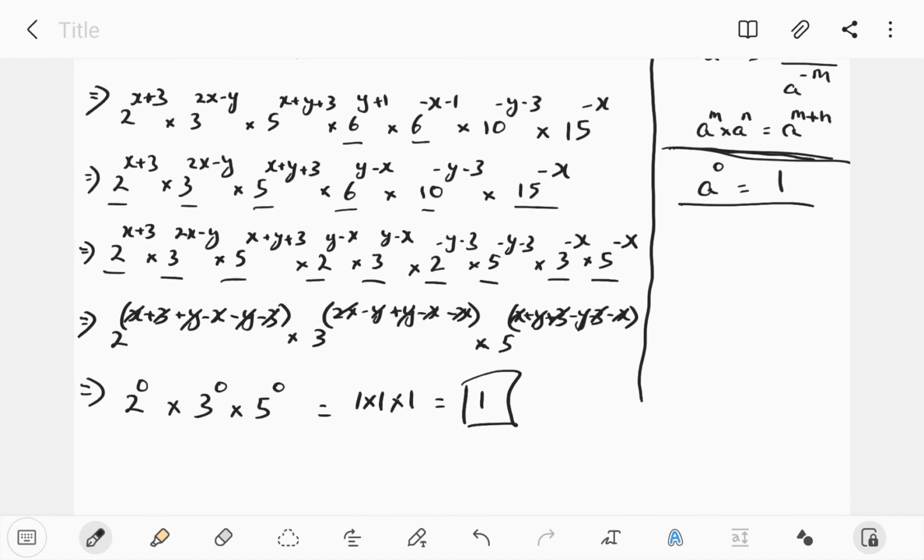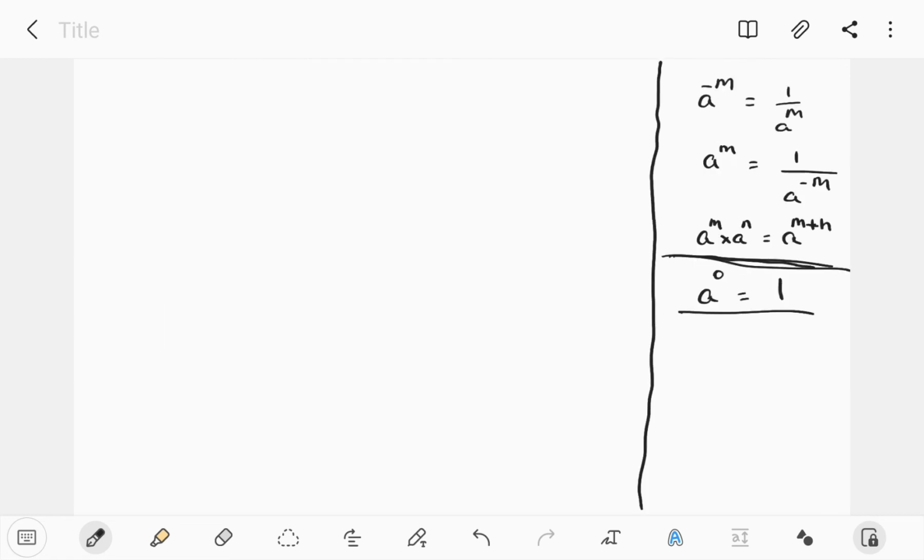Okay, right. Now let's proceed to the next sum. Just give me a minute. Now let us go to the next sum. In the next problem, we have been asked to find the value of x power 1 by a minus b, x raised to the power of 1 by a minus b, the whole power 1 by a minus c.